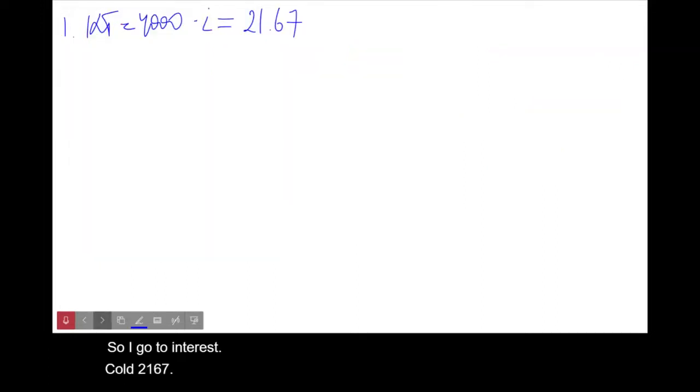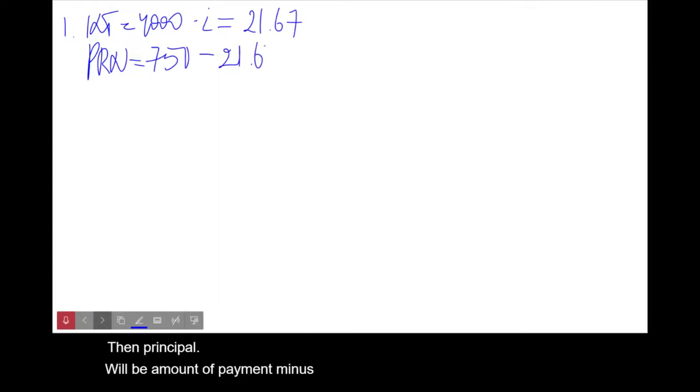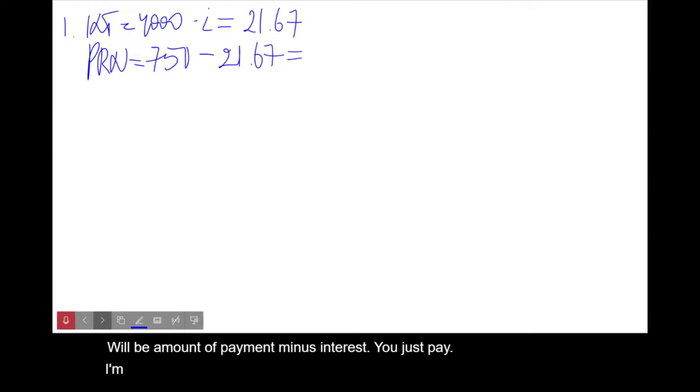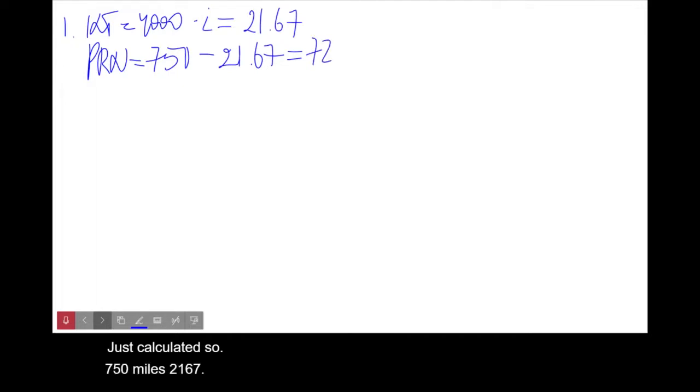Then principal will be the amount of payment minus the interest you just calculated. So 750 minus 21.67 is 728.33.